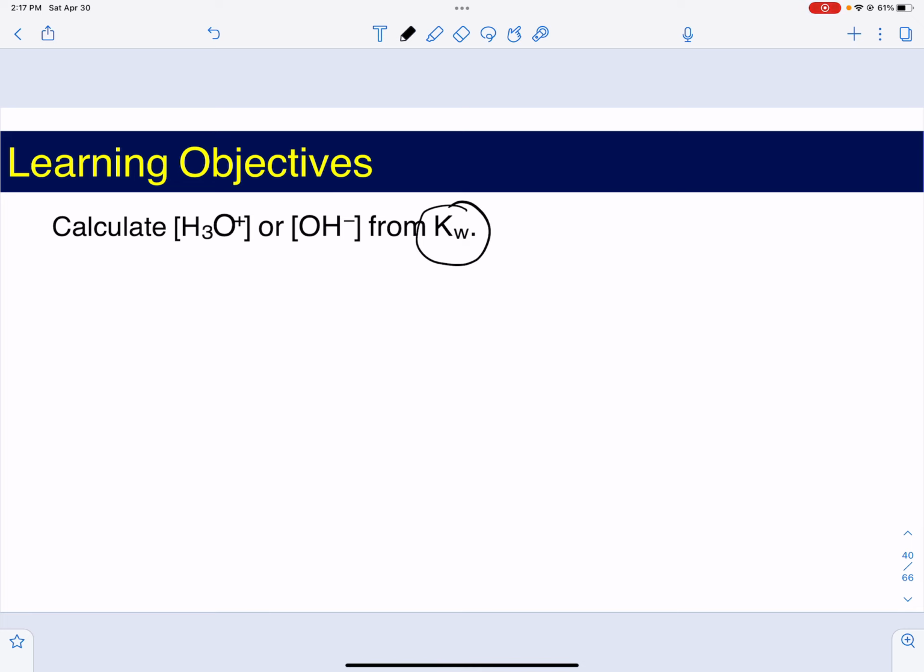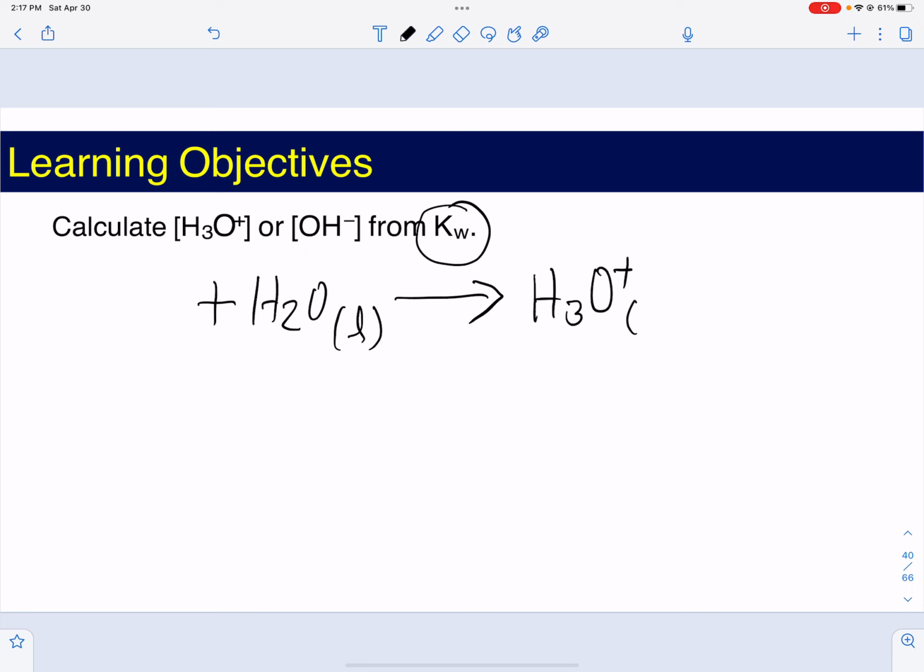And what is that? Well, remember, every time we did the Bronsted-Lowry definition, we saw water grabbing a proton from the acid becoming hydronium. And we also saw water giving a proton to the base becoming hydroxide.